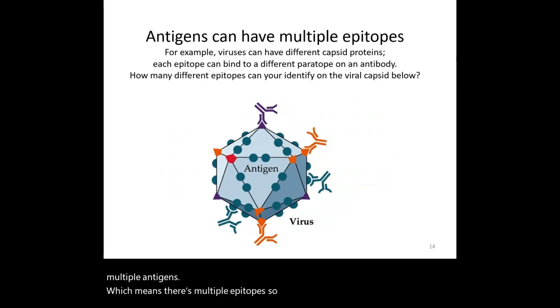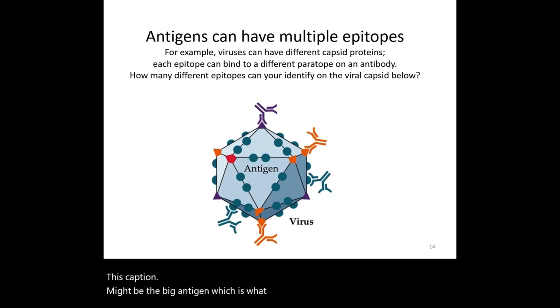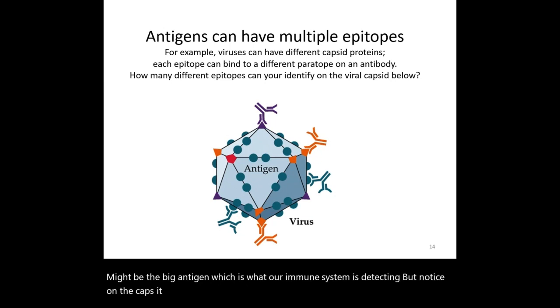So in this example, we have a virus with an icosahedral capsid, and notice it's got different spike proteins coming off of its surface, okay? And so this capsid might be the big antigen, which is what our immune system is detecting. But notice on the capsid, again, multiple spike proteins.